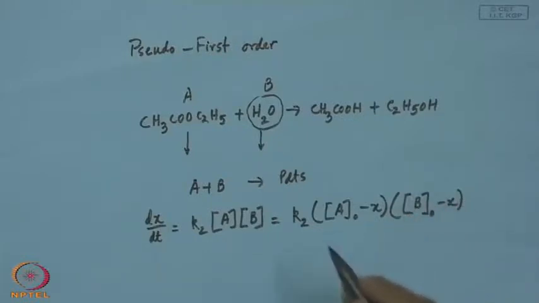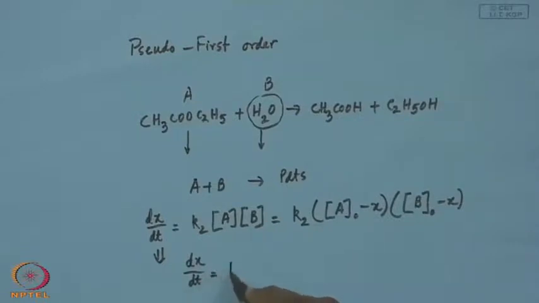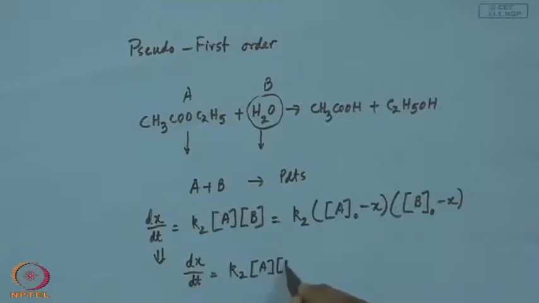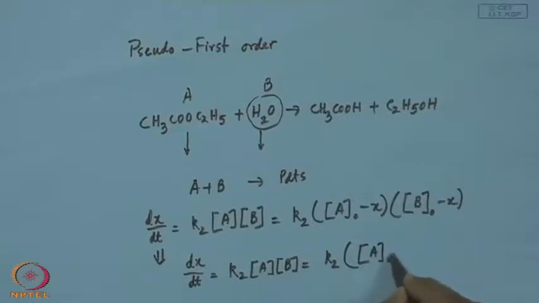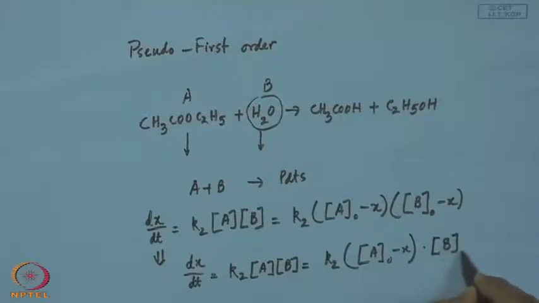So, in that case this expression reduces to dx/dt is equal to K2 AB, which is equal to K2 times (A naught minus x) times B naught, because it is in high concentration or in large excess.